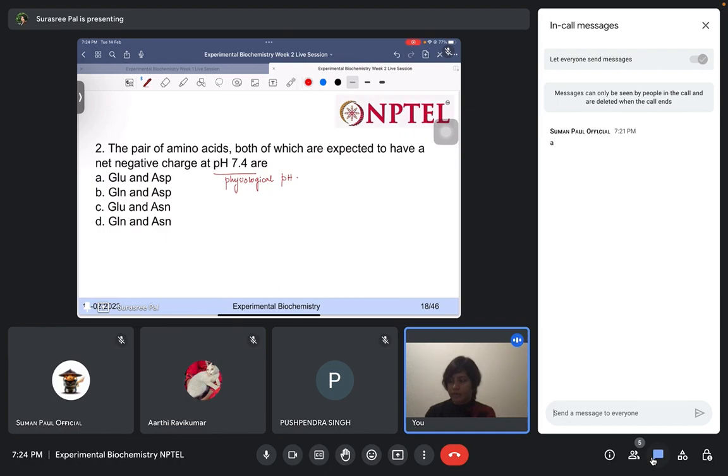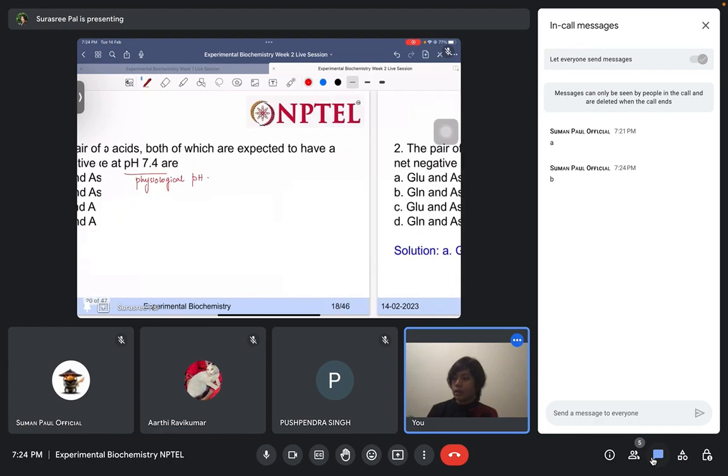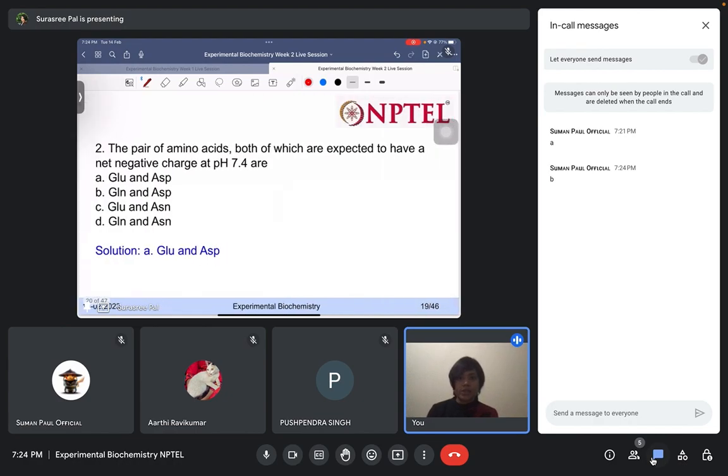Shuman and Aarti, answers? Okay, let's see. So the correct solution is A, which is glutamate and aspartate, not glutamine.